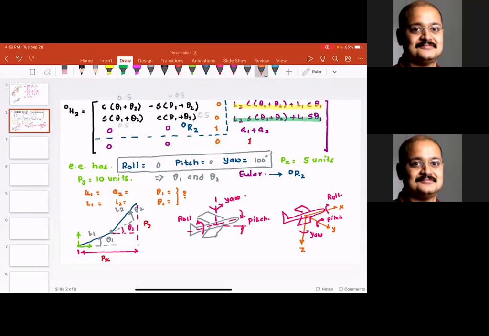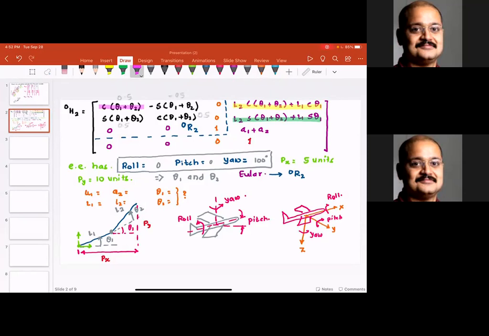But let me tell you how to generalize this trick. Say you have a number here, say 0.5. I would multiply that number by the magnitude of L2. Say L2 is 1 meter.